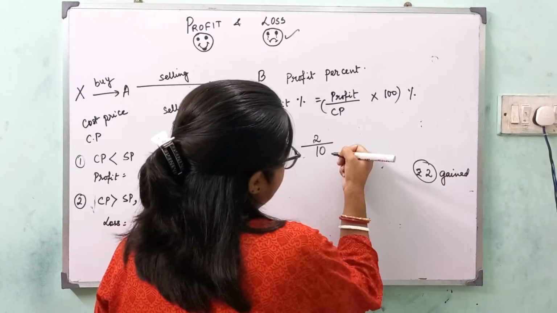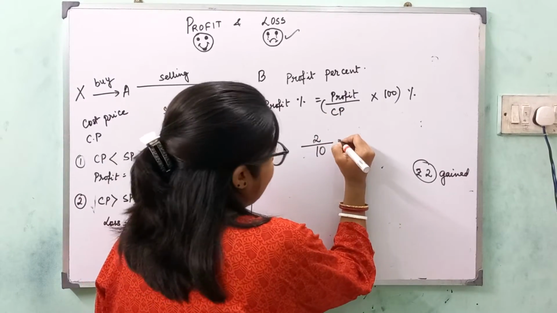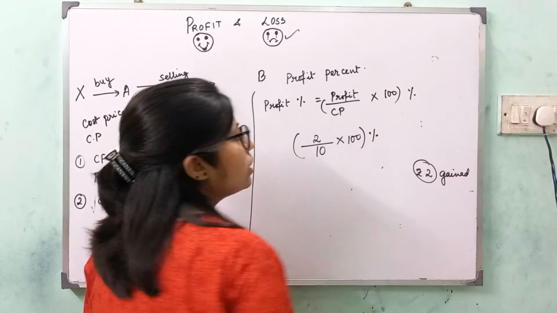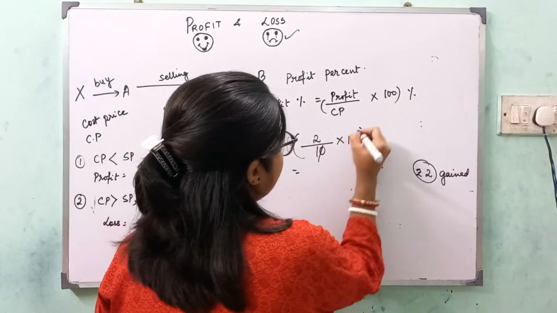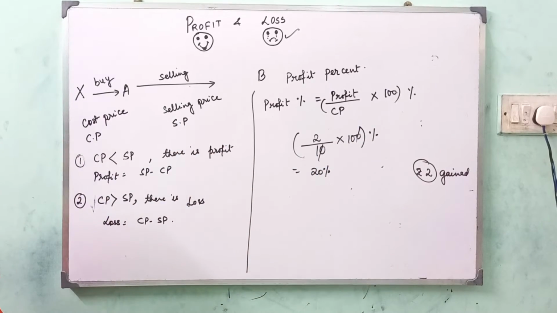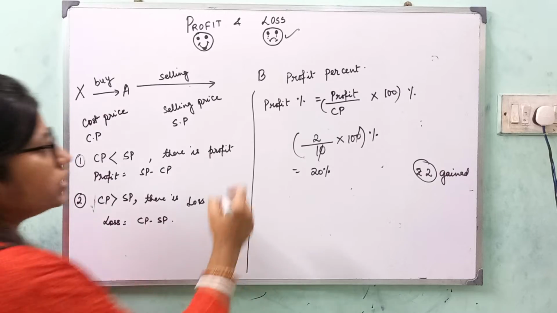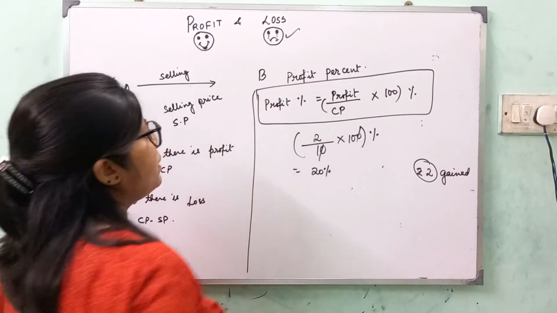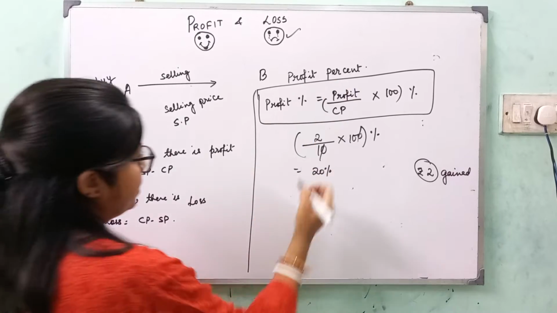So out of rupees 10, if 2 rupees you have gained, out of rupees 100, how much are you going to gain? So that is your 20%. So your profit is 20%. So what is the formula for profit percent? It is profit by CP into 100, in percentage.